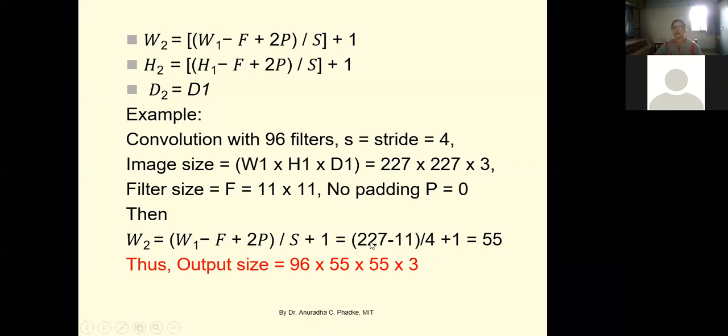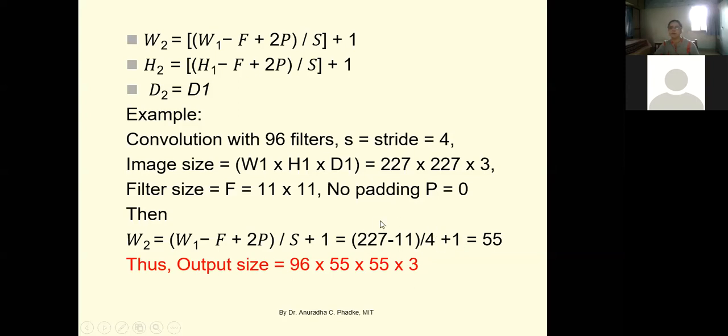Here this is 227 minus F, the filter size, which for this example is 11. P is 0, so the last term will vanish. And this whole numerator is divided by S, which is 4 in the given example, plus 1.